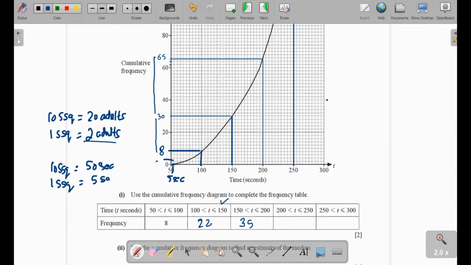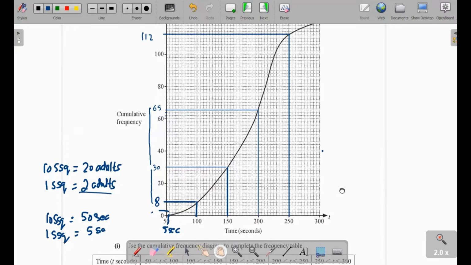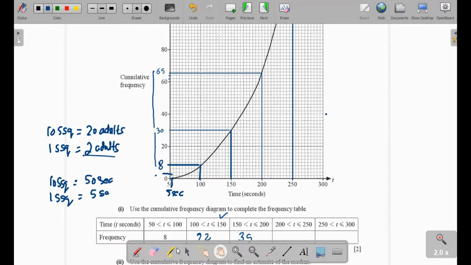Next, the difference we take for 200 to 250 is 112 minus 65. That is 47.